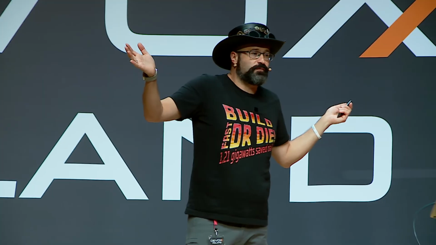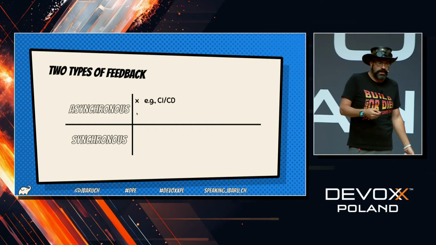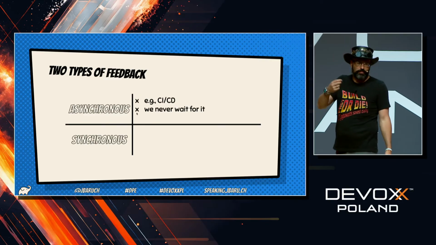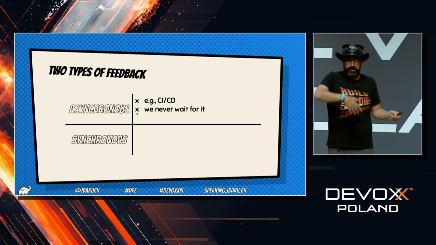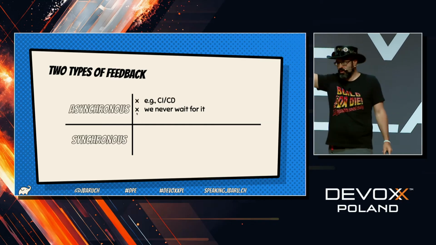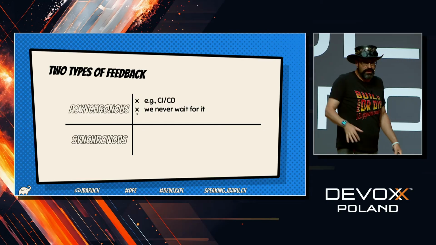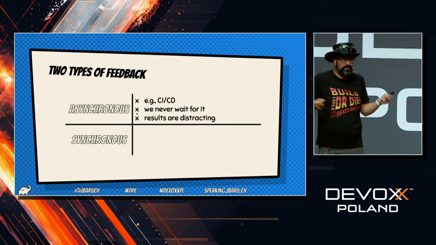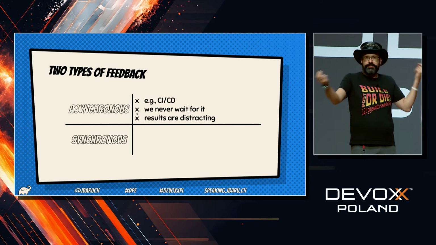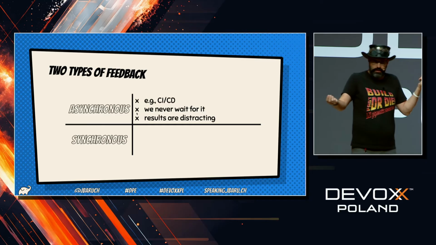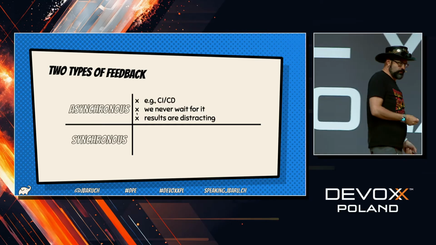We have two types of feedback: asynchronous feedback and synchronous feedback. Asynchronous feedback is your CI/CD and your production environment. We don't wait for it. Right, so we committed our code, it will go through PR, merge, and then build, and eventually it will get to production. If something is wrong there, we will be really annoyed because we need to get out of our zone and our flow and go fix whatever failed, but we don't wait for it.